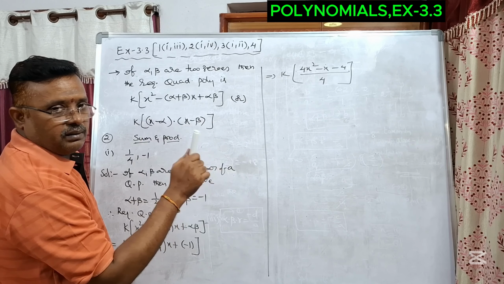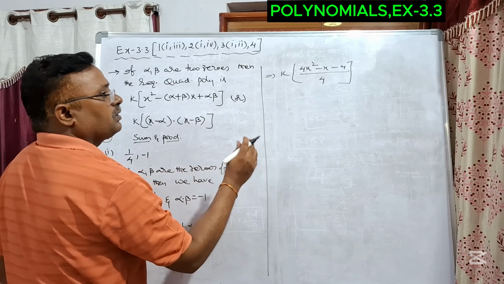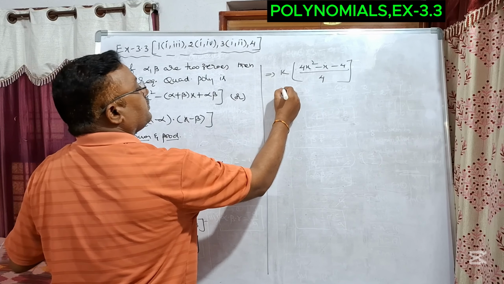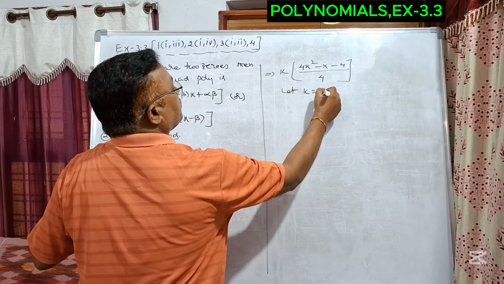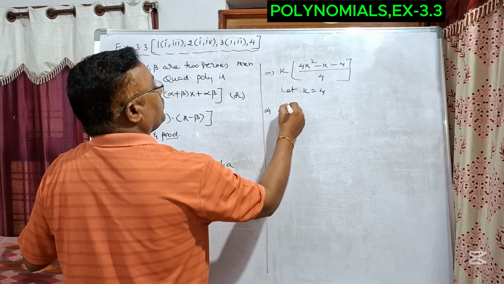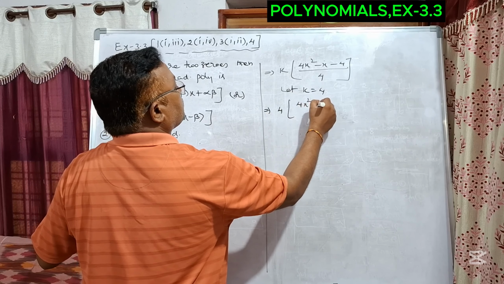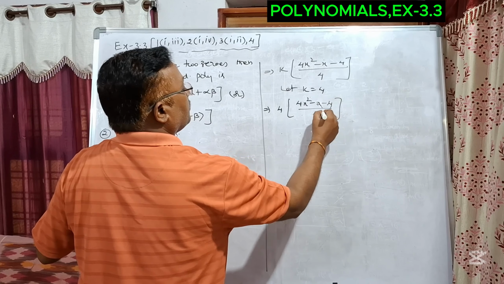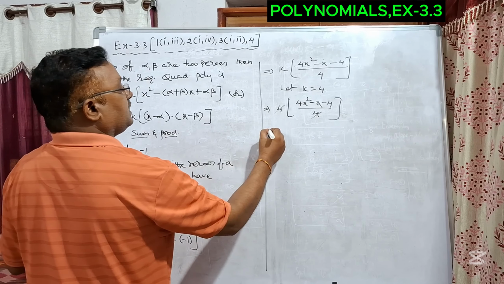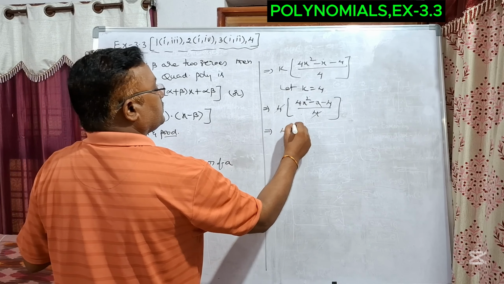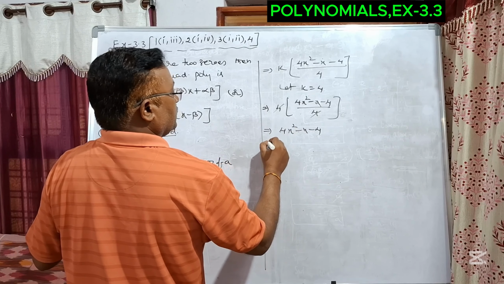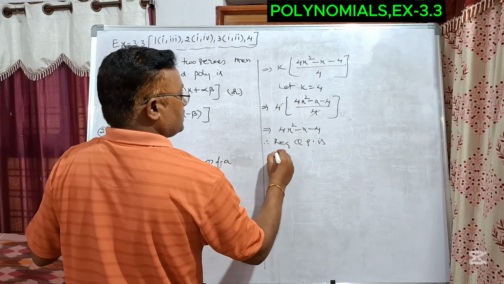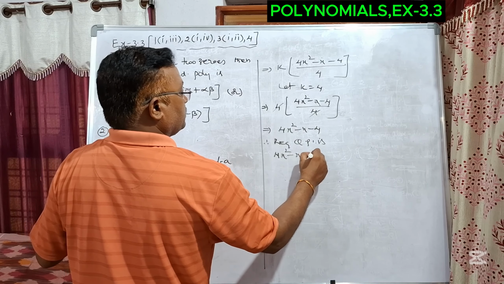For this particular problem, since the denominator is 4, to get the quadratic polynomial in the normal form, let k equal 4. This implies 4 times (4x square minus x minus 4) by 4, where the 4 cancels. That implies 4x square minus x minus 4. Therefore, the required quadratic polynomial is 4x square minus x minus 4.